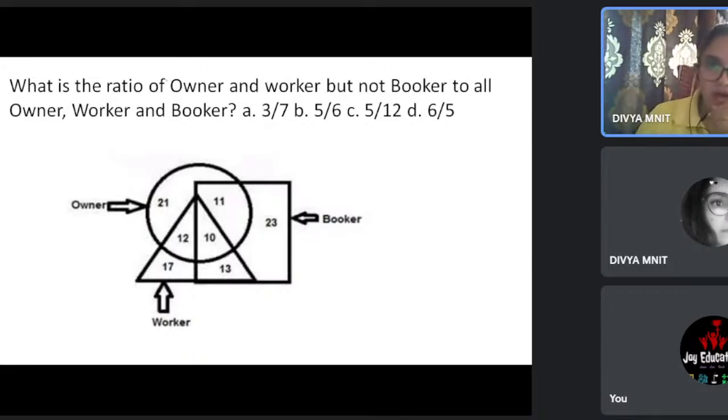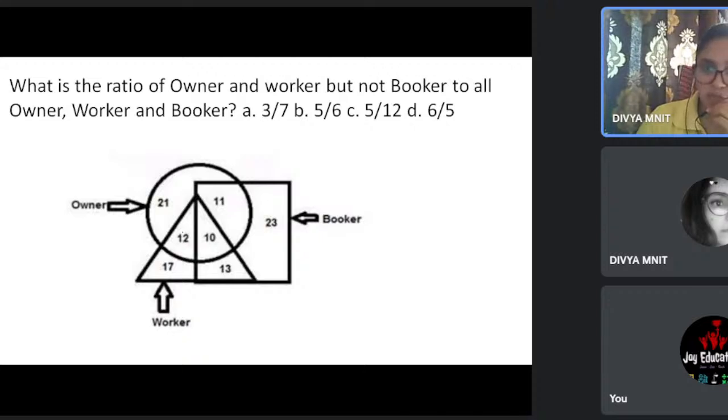So the circle represents the owner, the triangle represents the worker, and the rectangle represents the booker. We have to select that part which lies in the circle and triangle but not the rectangle.